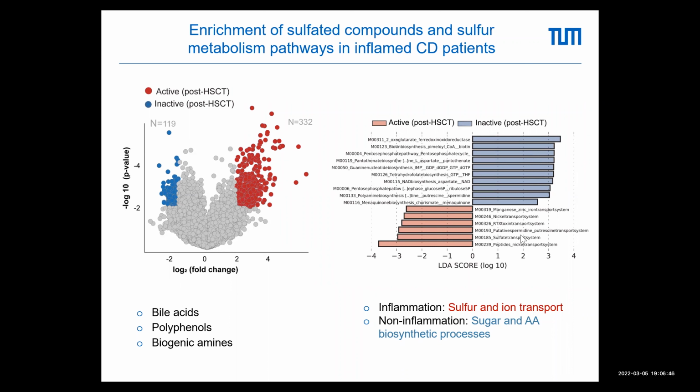And what you can see is that, to our surprise, we also found some metabolic pathways which are involved in sulfur metabolism. And that was, again, a hint for us that maybe sulfur metabolism and sulfate-reducing bacteria would be relevant as a microbiome signature in disease.